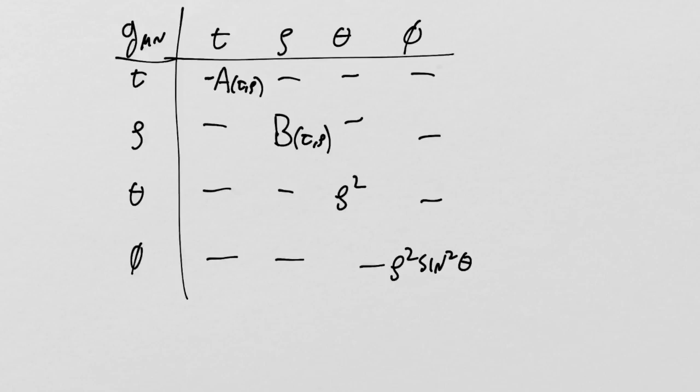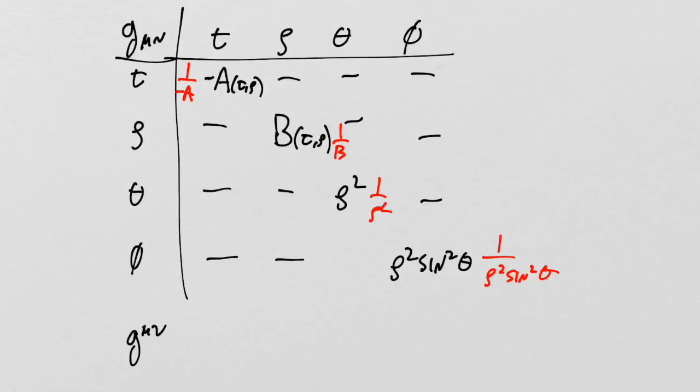Now, the reciprocal metric, or I shouldn't call it the reciprocal metric, the contravariant components of the metric g mu nu are just going to be the reciprocal values of these guys: 1 over A, 1 over B, 1 over rho squared, and 1 over rho squared sine squared theta.